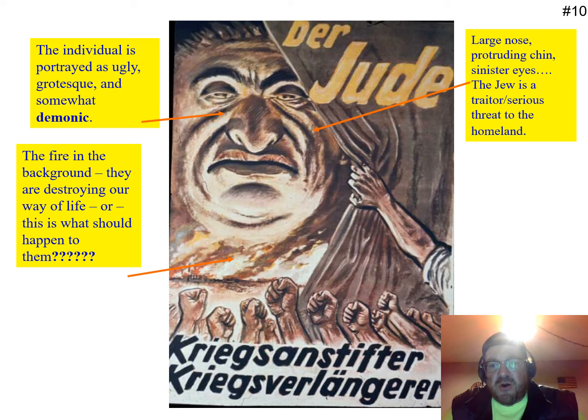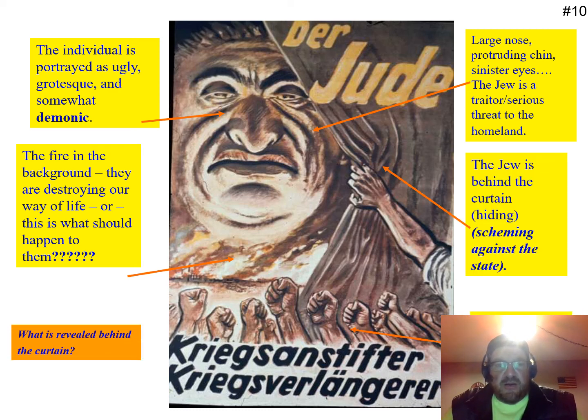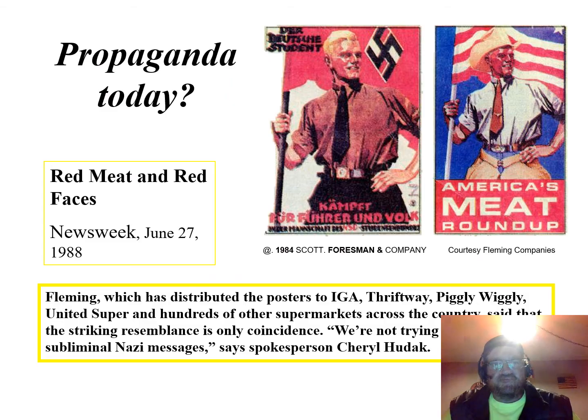Stereotypical view of the Jew having the large nose, and the fire in the background, and they're pulling the curtain back on him, trying to show, look at this. We have to fight this evilness. Okay.